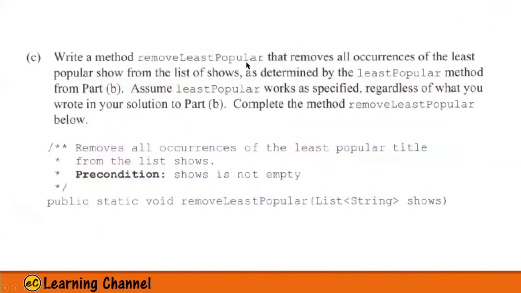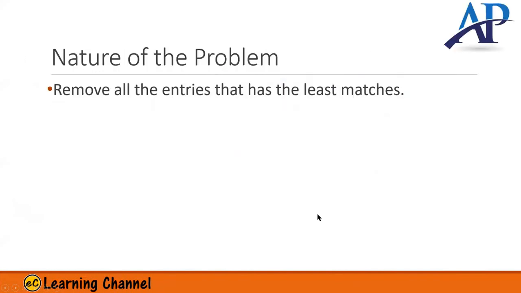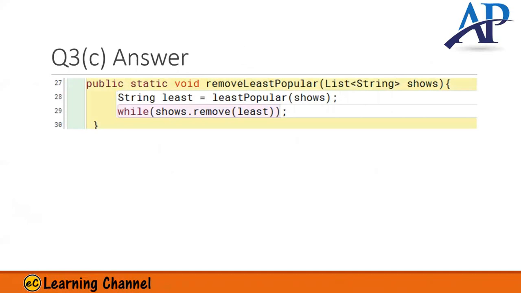And remove the least popular one. This one is, we try to find the least popular one, and then we remove that from the list. So we need to do backward removal. So remove all the entries that have the least match. So we basically find the one here, and then we remove all of them while we remove the least popular one.